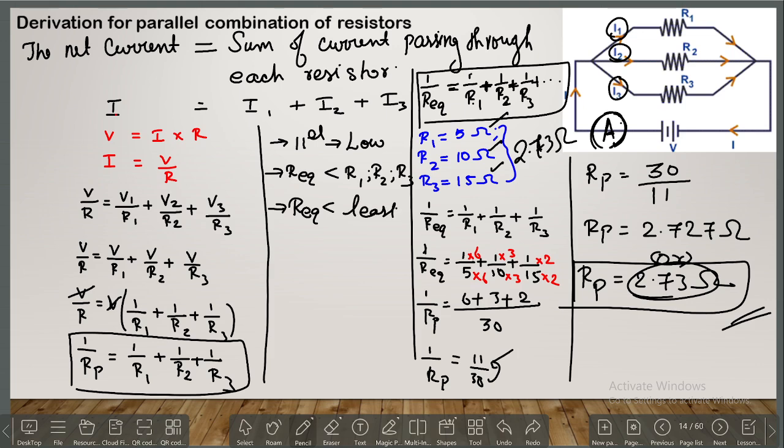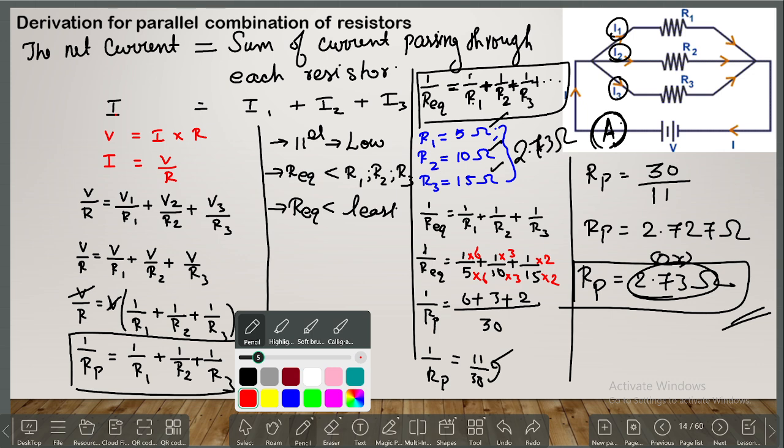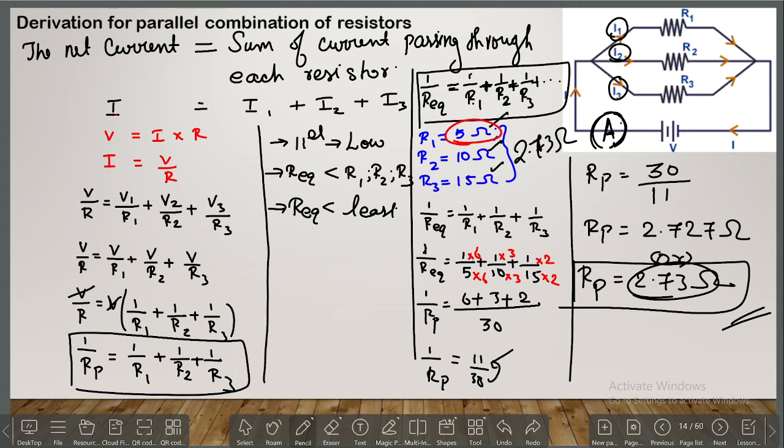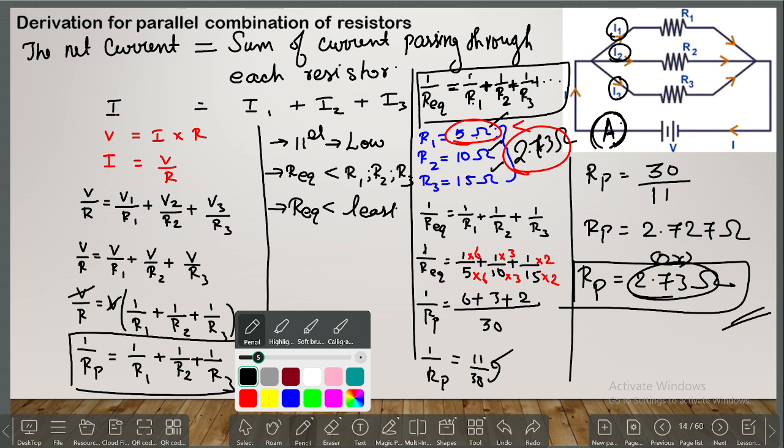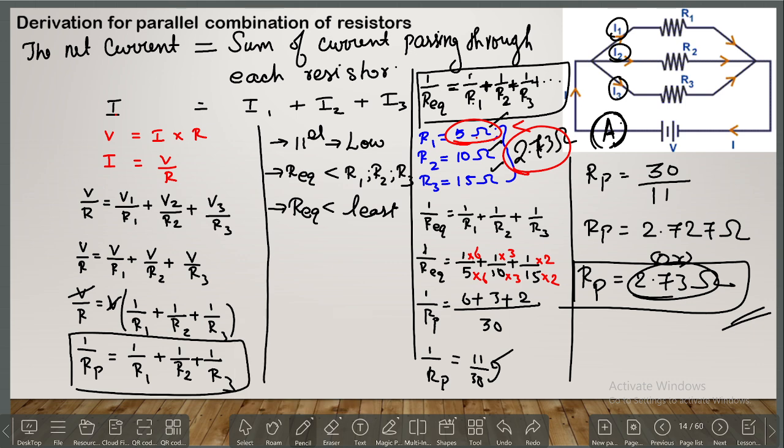In this given combination, which one is the least? R5 is going to be the least. This 2.73 is lesser than 5. Then I can say that the net resistance is lesser than the least individual resistance of resistor.